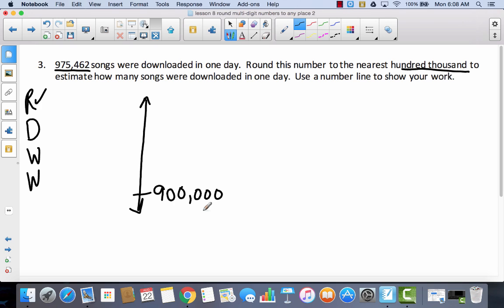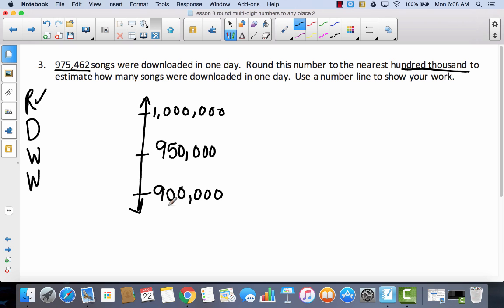This is very similar to 2C because 1 more than 900,000 would be 10 hundred thousands, which turns out to be 1 million once we bundle those 10 hundred thousands together. And our halfway point is the same as the last problem too. It's still 950,000.